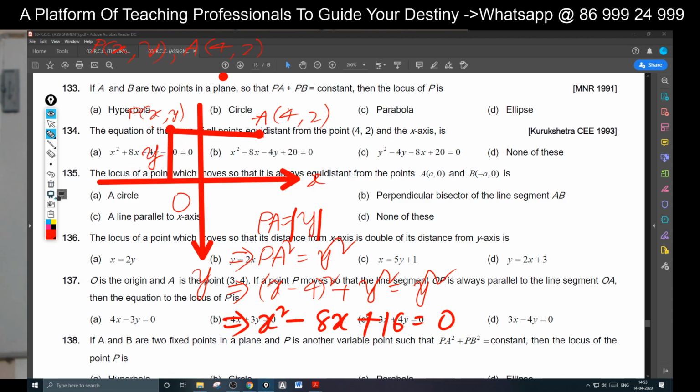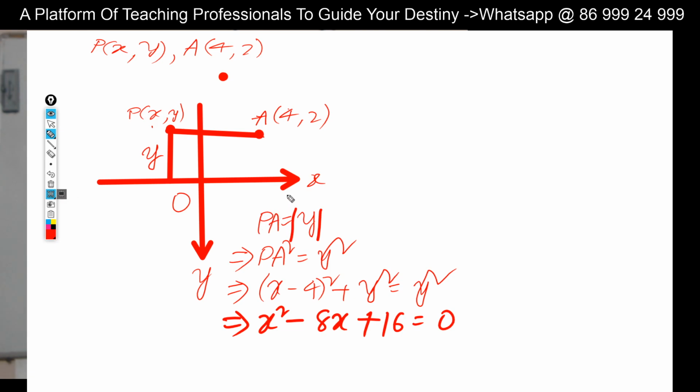Something has gone wrong here. Let us check. Distance from this is not y square. This is y minus 2 whole square, is equal to y square.